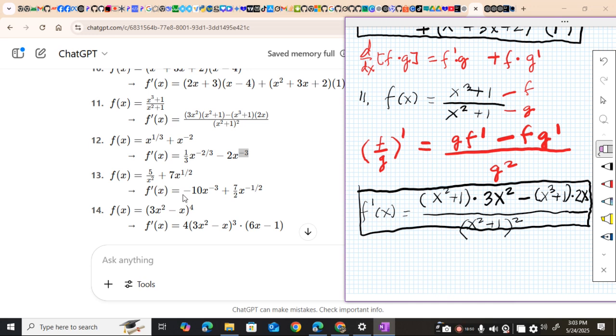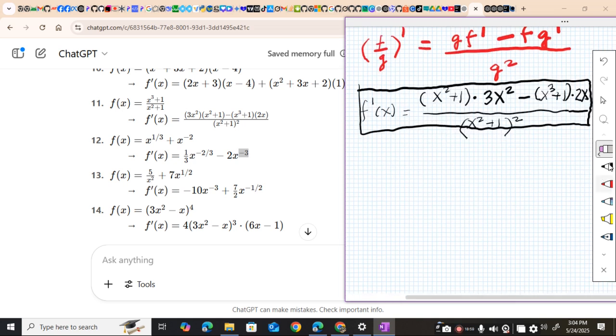So for number 13, we recognize that the denominator here could be converted to x raised to negative 2. So for number 13, I think we have to write it so that everything is clear. For number 12, there's no problem. So f of x equals 5 over x squared plus 7x raised to 1/2.